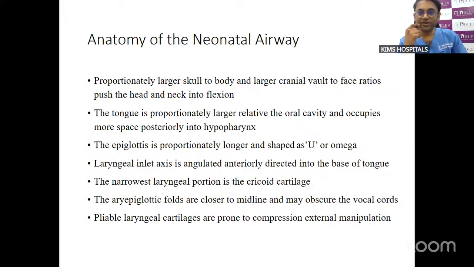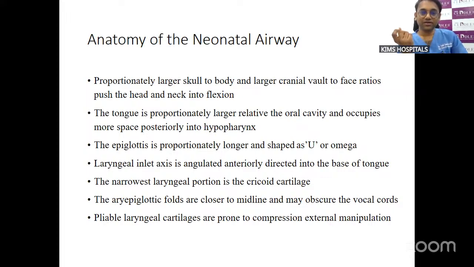The tongue of the neonate is relatively large compared to the small oral cavity, so it occupies a significant proportion of the oral cavity and is placed posteriorly into the hypopharynx. The laryngeal inlet is angulated anteriorly into the base of the tongue, so the big tongue is behind and just above the laryngeal inlet. All these make the airway a bit difficult in newborn babies.